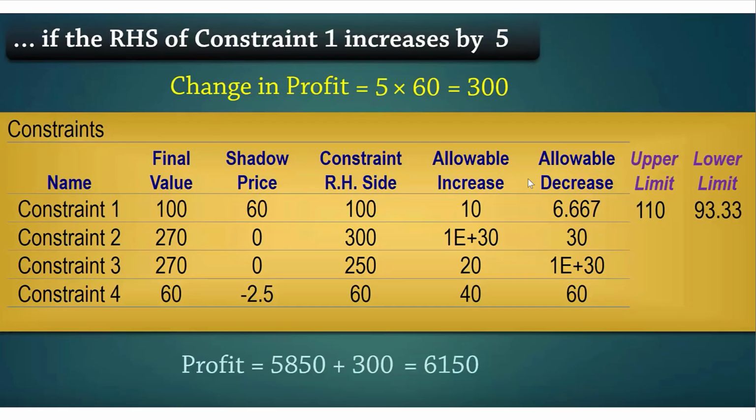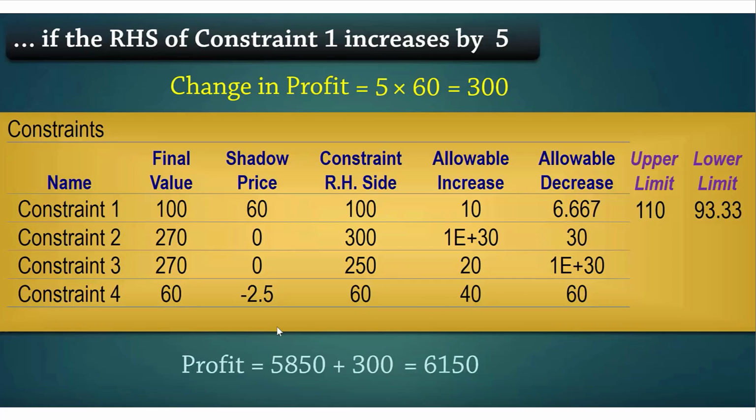So how does this change the profit? The change is 5, multiplied by 6, the shadow price for constraint 1. So the optimal solution will increase by 300. We know from the first requirement in this problem that the optimal solution is 5,850, plus 300, so it will be equal to 6,150.